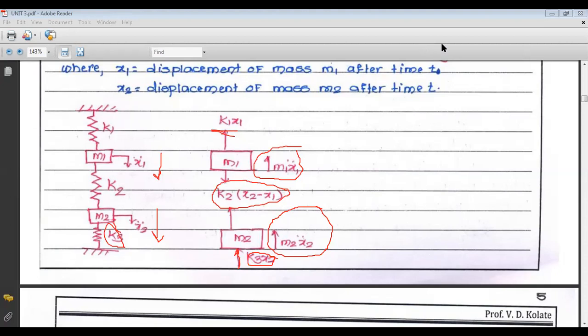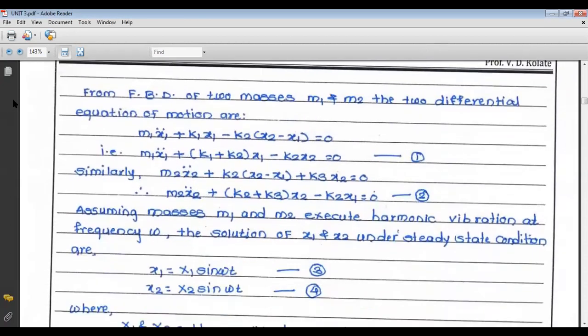Now from the FBD, from the free body diagram of the two masses M1 and M2, we get two differential equations of motion. This is the first differential equation: the inertia force M1 x1 double dot plus K1 x1 minus K2 into x2 minus x1 is equal to 0.